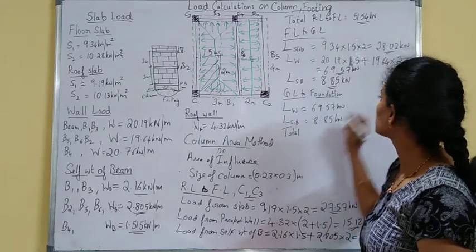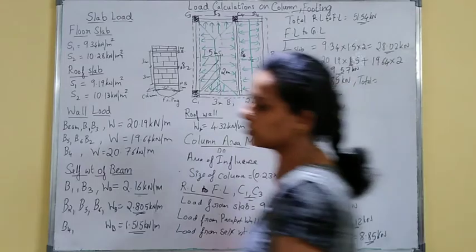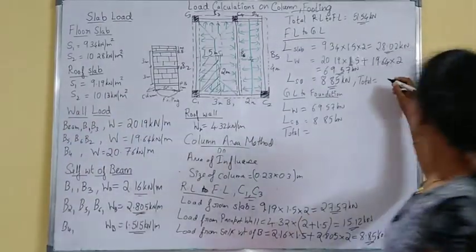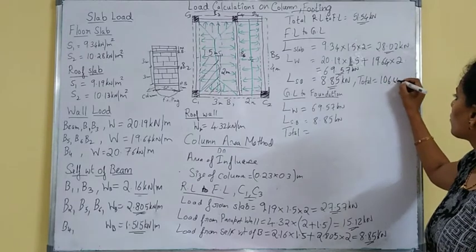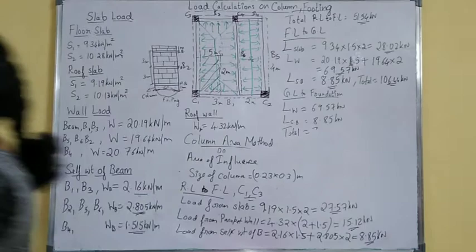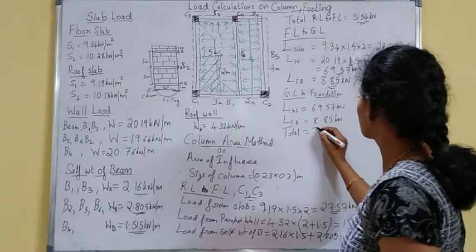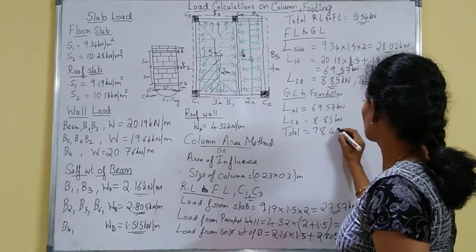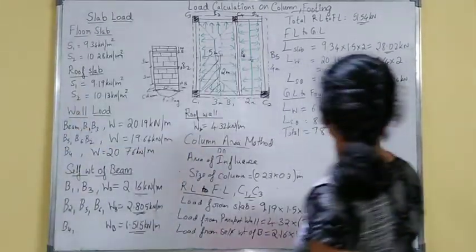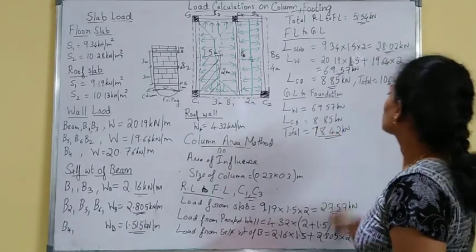Therefore the total, I have calculated the total, just write the total value. Here 106.44 kilonewton, and this is 78.48. Okay.